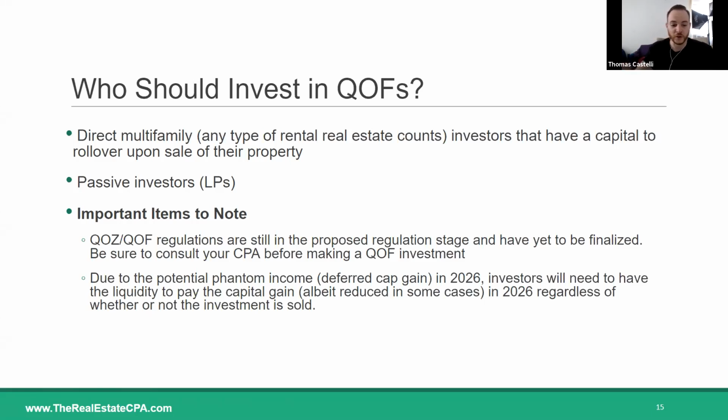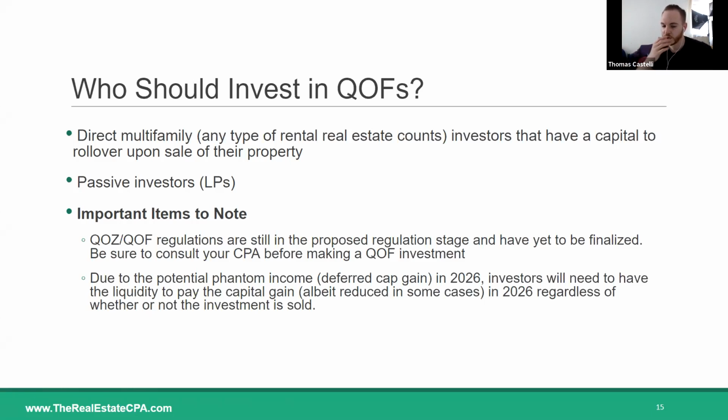Another thing to note is, due to the potential phantom income, the deferred gain being recognized in 2026, investors will need to have liquidity to pay that capital gain in 2026, regardless of whether or not the investment is sold. So again, you're going to have to recognize the gain on your original investment. In the example we were using before, that original $100,000 deferred gain in 2026, regardless of whether or not you sell the investment.